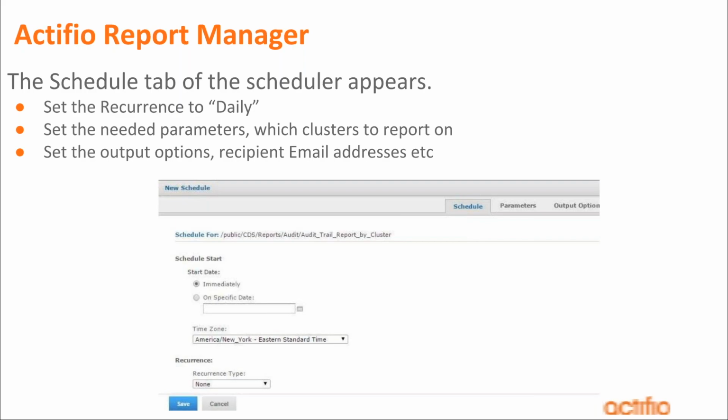Now, what does actually every day mean? Every day means 3 a.m. until 3 a.m. And that's the cluster's time. So depending on what time zone offset you've got used, if you're in Colorado, you may be using Mountain Standard Time. So it will trigger at 3 a.m. Mountain Standard Time.